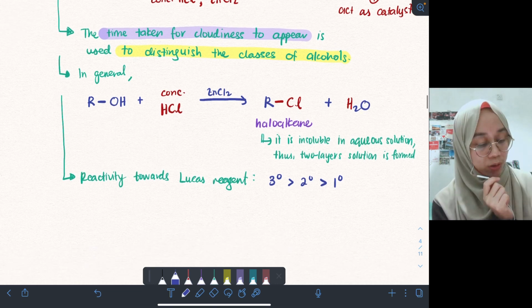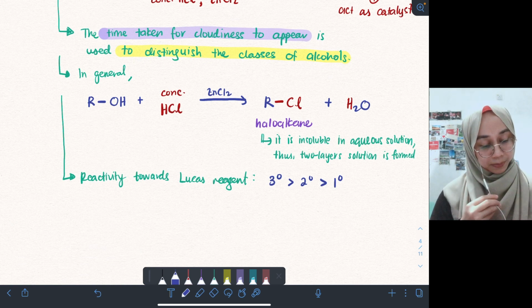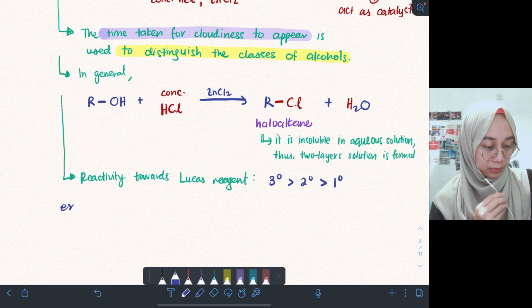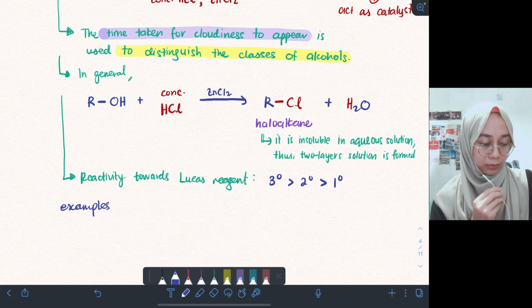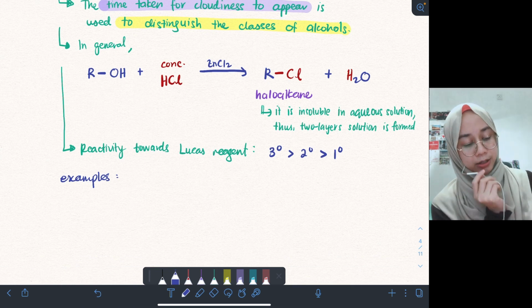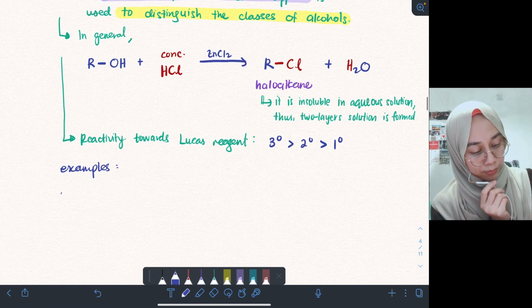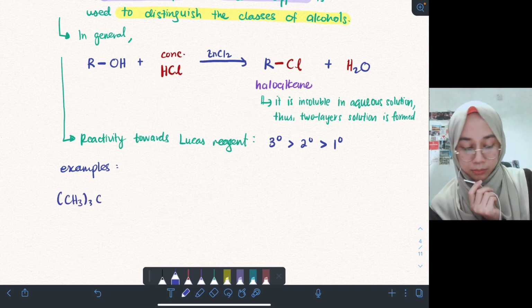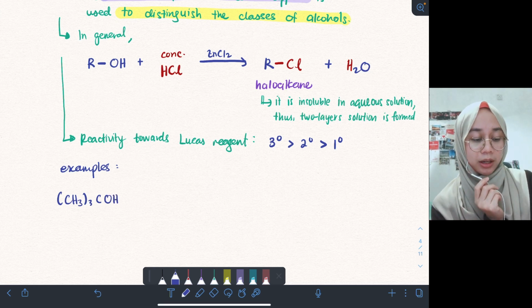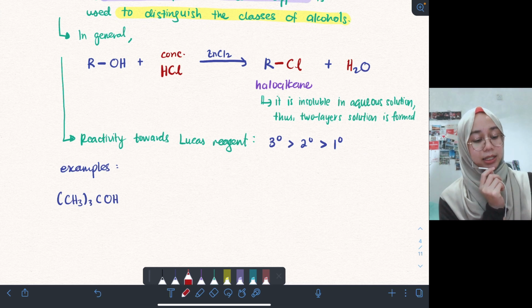Okay, so kalau kita tengok example, let's say kita ada this structure. Ini sebenarnya kalau kamu expandkan, you will see that this is actually a tertiary alcohol lah.